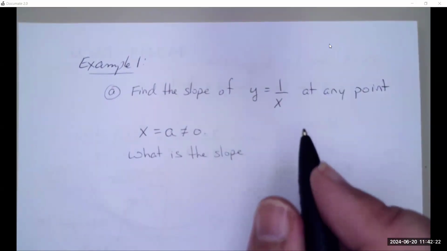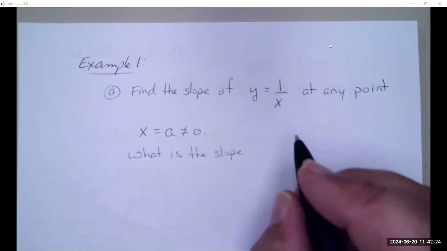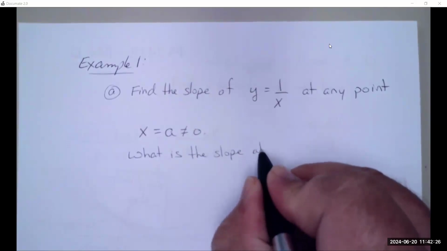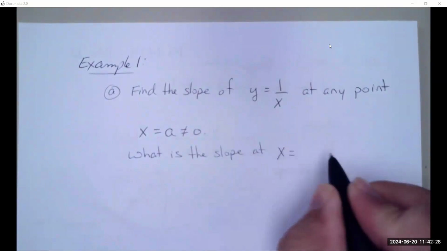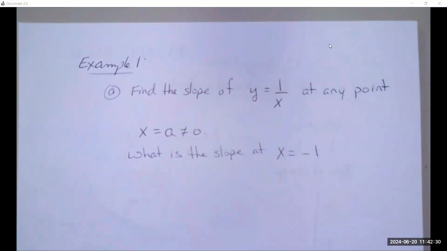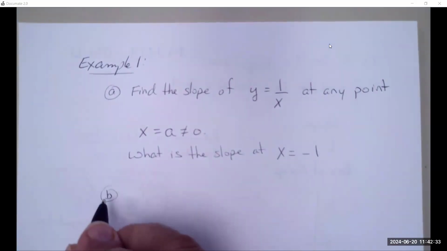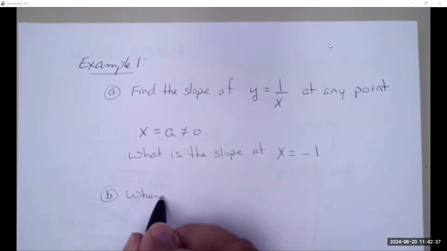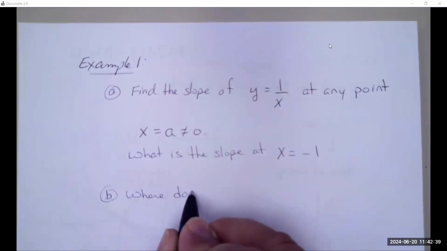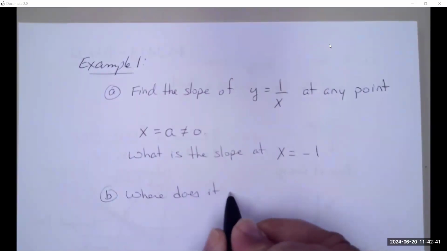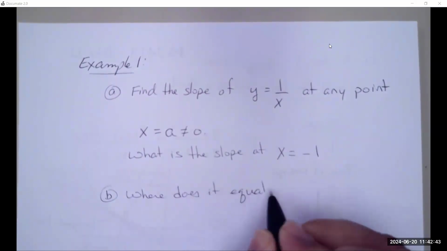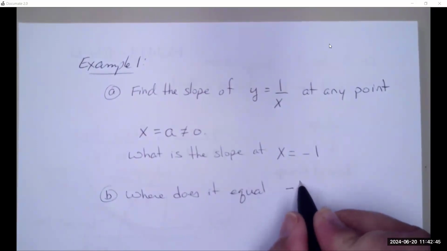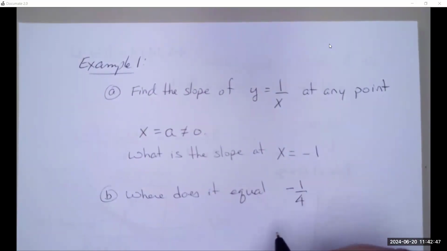You guys should have this on your sheets I gave out last week. What is the slope at x equals -1? Where does it equal -1/4?